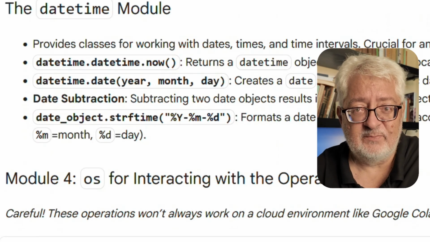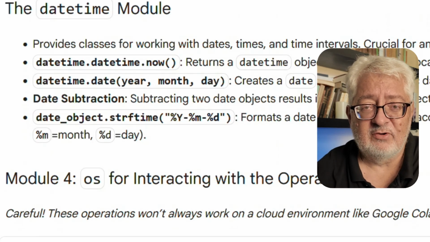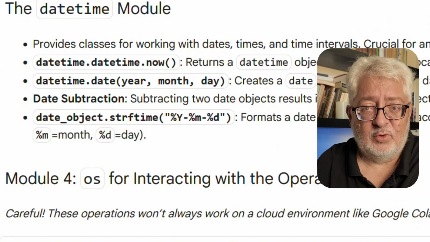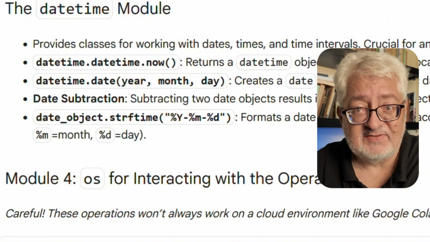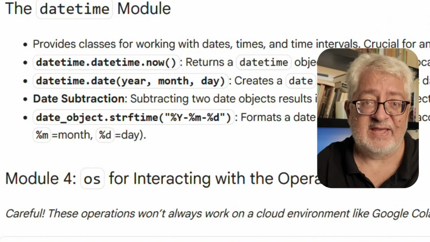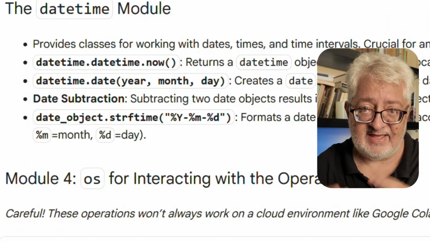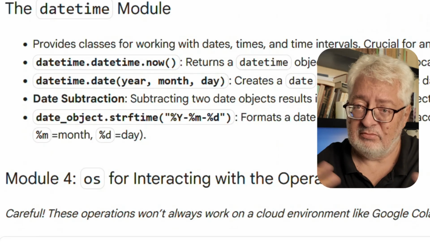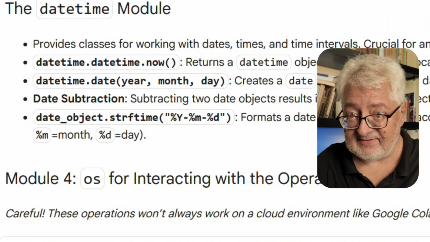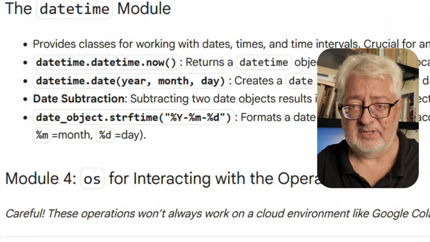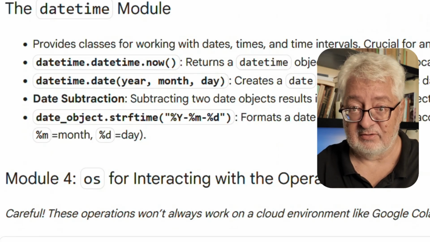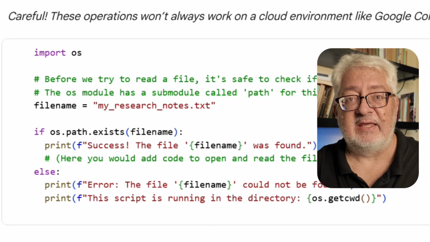And not all functions may work in Google Colab, because obviously Google doesn't want you to mess with their operating system. So these work best and in the way you expect on your local machine rather than in this cloud environment, although in many cases it does work. So you can save files on Google Colab, you just need to be careful where you save them and how long they stay there.